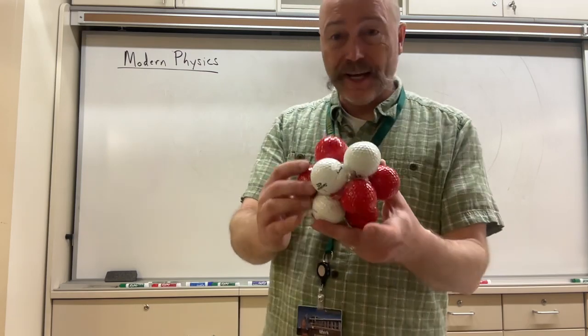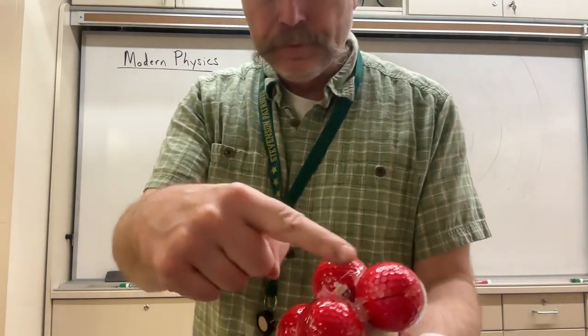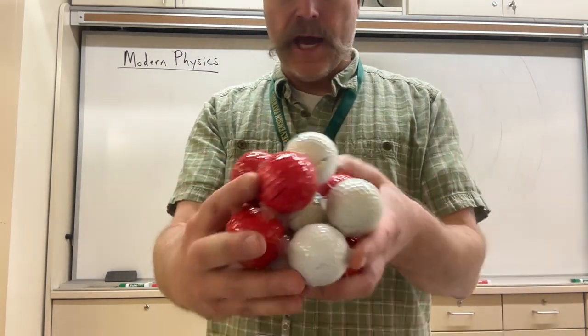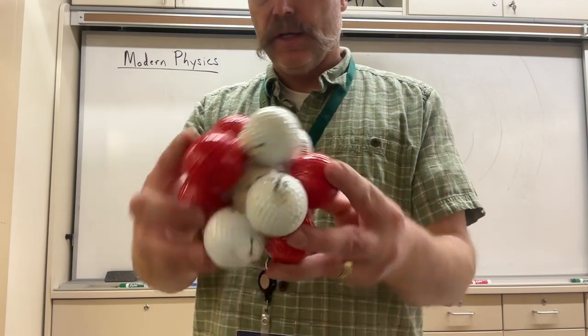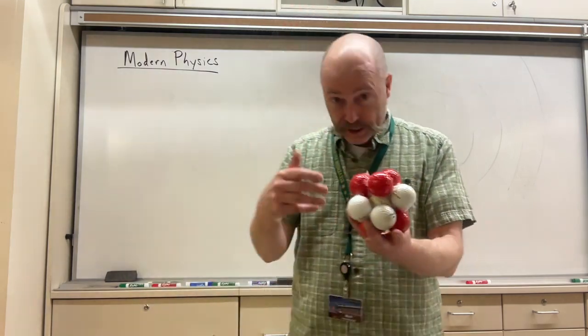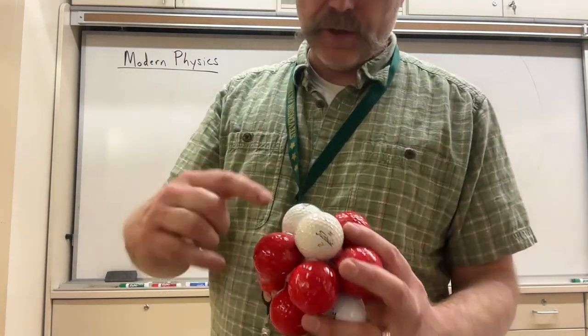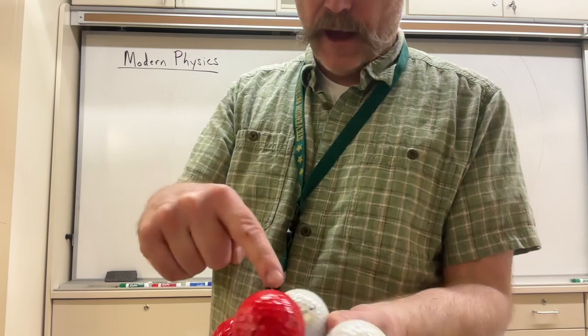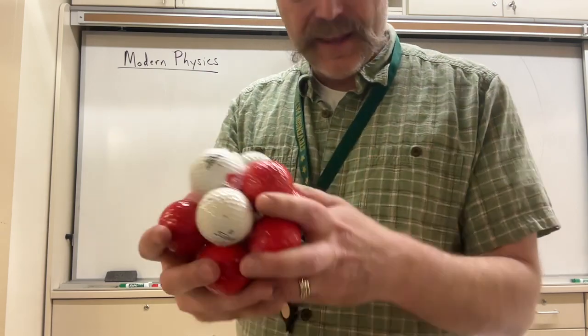If you count, I have 1, 2, 3, 4, 5, 6, 7 protons. That would make this a nitrogen nucleus. I also have 1, 2, 3, 4, 5, 6, 7, I think I have 7 neutrons.